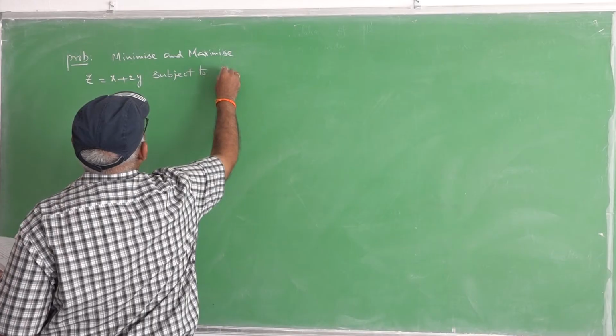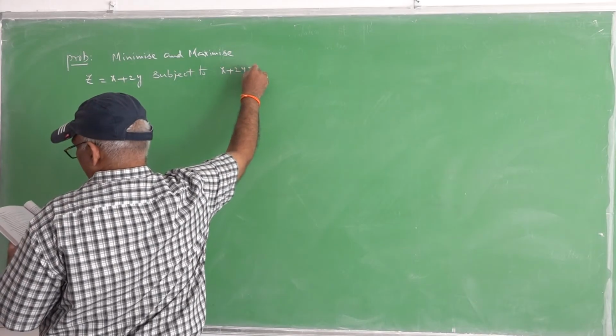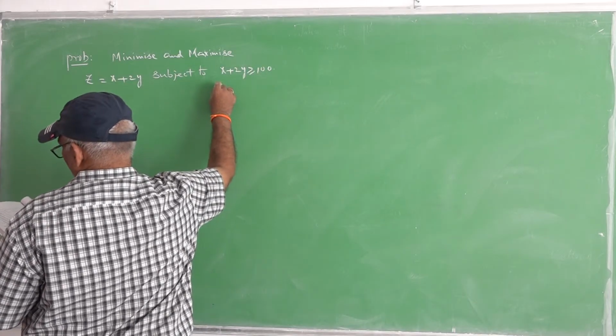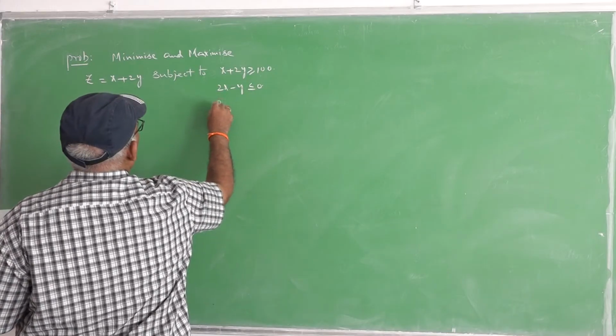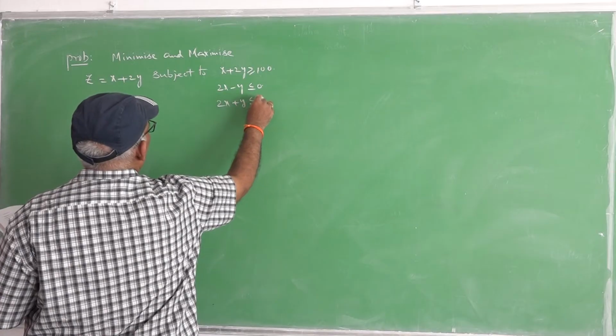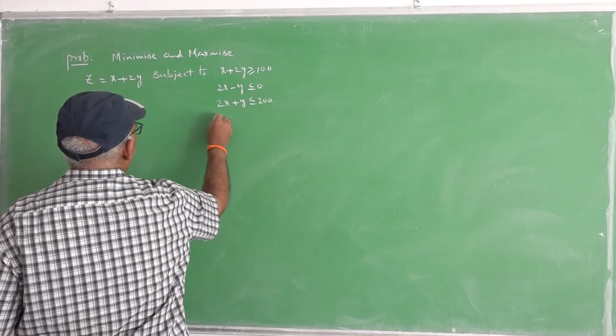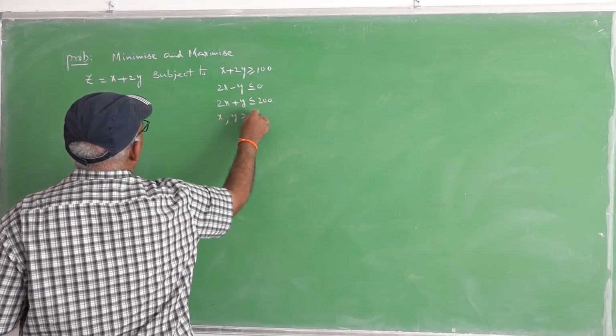Here the constraints are x plus 2y greater than or equal to 100, 2x minus y less than or equal to 0, 2x plus y less than or equal to 200, and both x and y are non-negative.